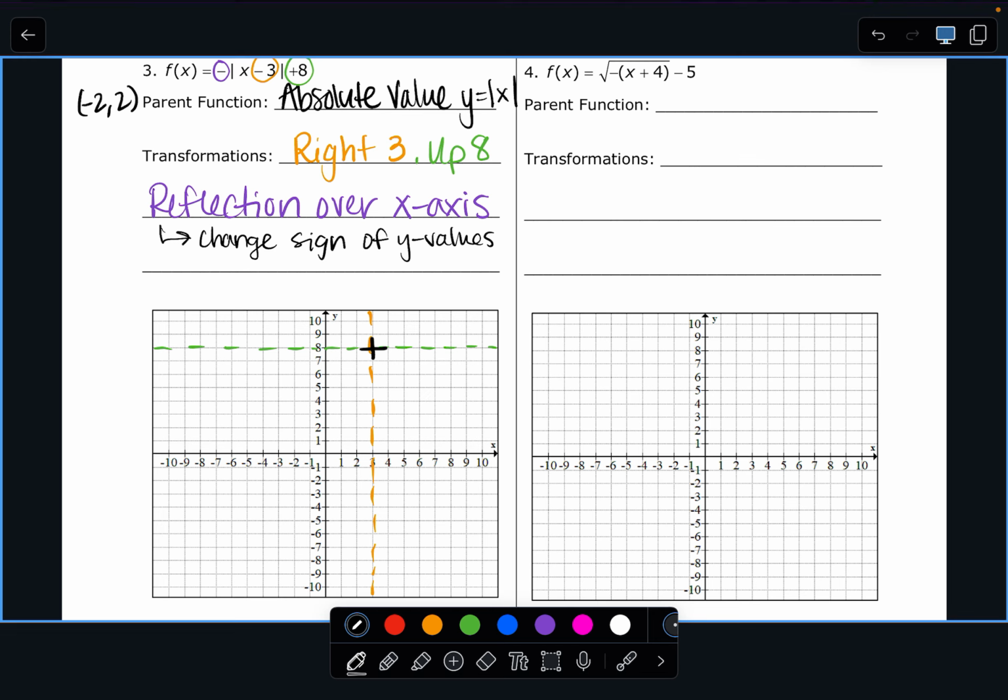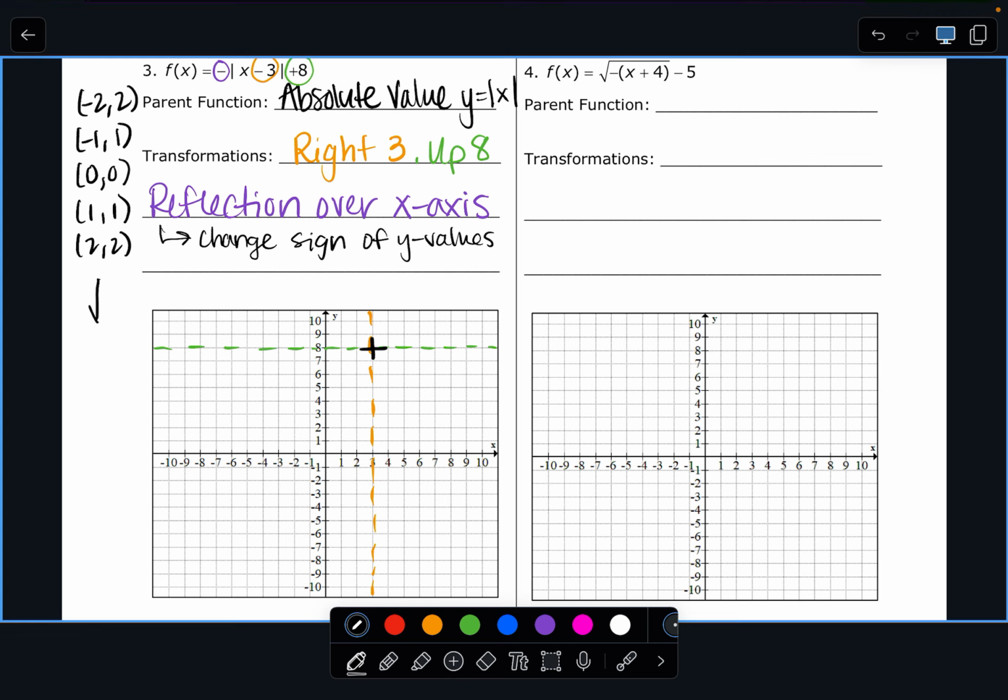So when I take the absolute value of -2, I'm getting +2. When I take the absolute value of -1, I'm getting +1, 0, I'm getting 0. If I take the absolute value of +1, it's going to stay +1. It does not change. It's making all of your values positive. So these are the key points. If I had the parent function, no transformations, these are the 5 points I would have to graph.